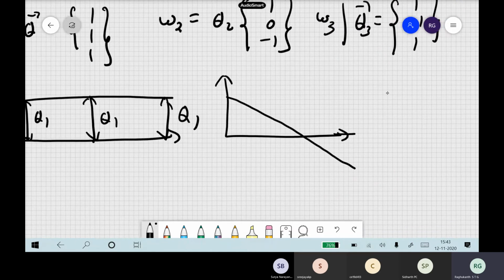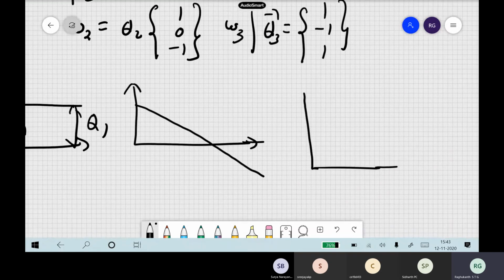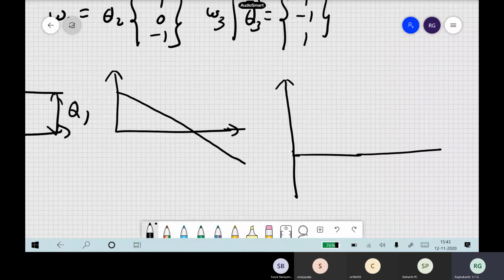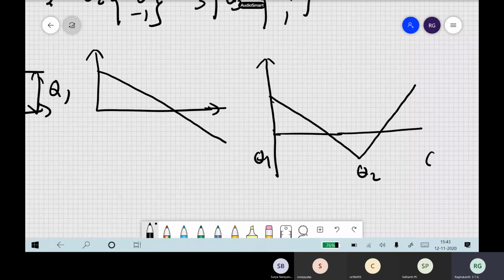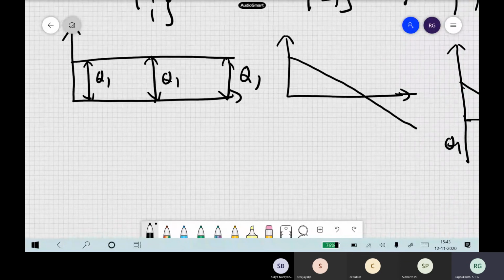And the third mode is 1, minus 1 and then 1 itself. So how does it look? You have to have this one. You followed it? The mode shape is like this. So these are the three modes: Q1, Q2, and Q3. This is how we calculate in FEM.